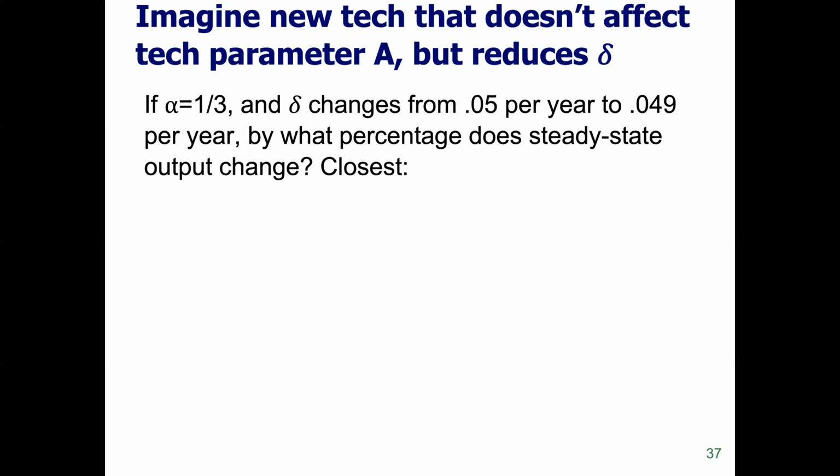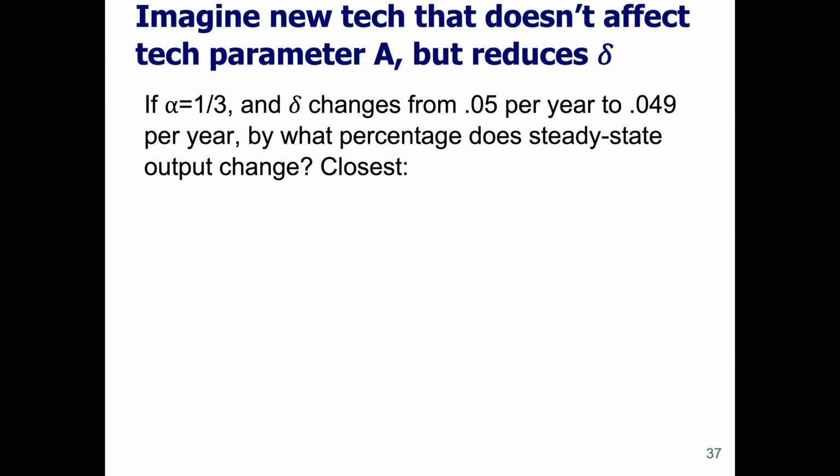And there's something that's just unavoidably difficult, and we can't escape it. If I go down from 0.05 per year to 0.049 per year, that is a 2% change in the sense that the logarithm goes down by 0.02.